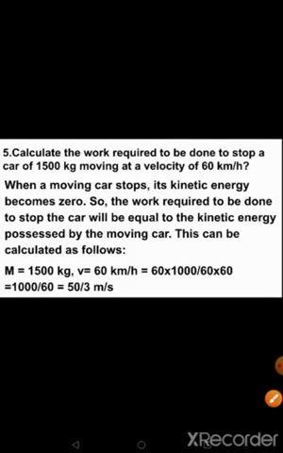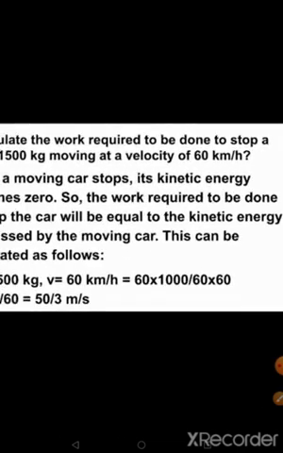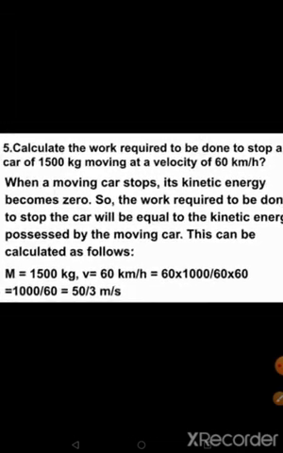next question. Calculate the work required to be done to stop a car of 1500 kg moving at a velocity of 60 km per hour. See, calculate the work required to be done to stop a car of 1500 kg moving at a velocity of 60 km per hour.